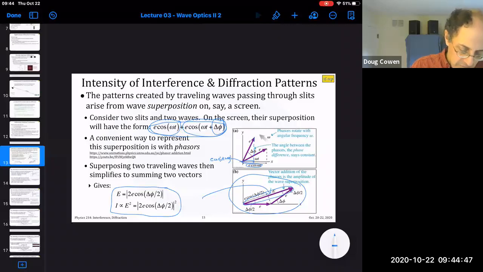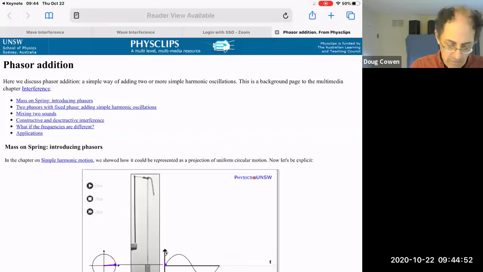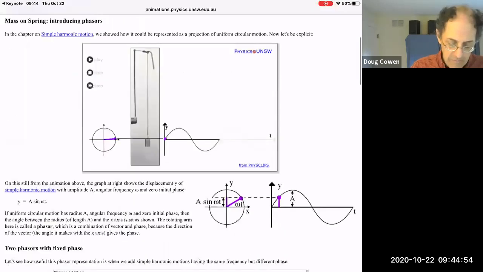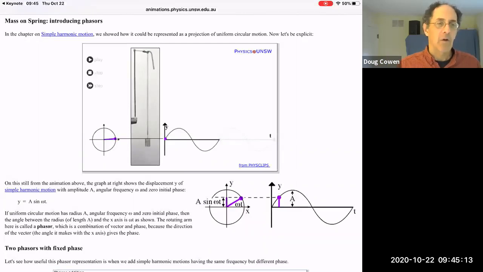So let me show you this simulation here of a phasor. What you see is a mass hanging on a spring, and it's going to bounce up and down. And you know from physics 211 that a mass on a spring experiences a restoring force, minus kx, that causes it to undergo a simple harmonic oscillation, which can be described by a sine wave.